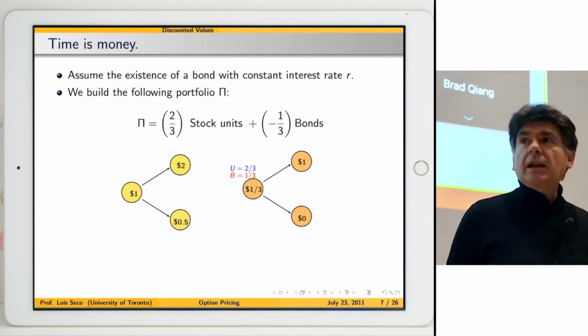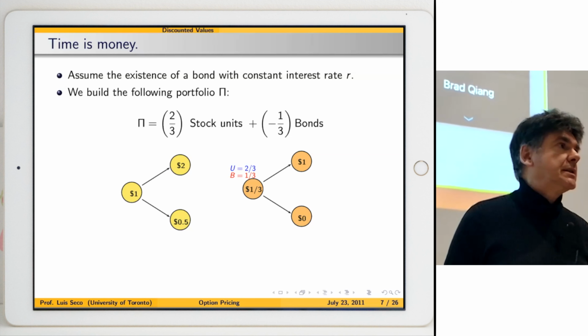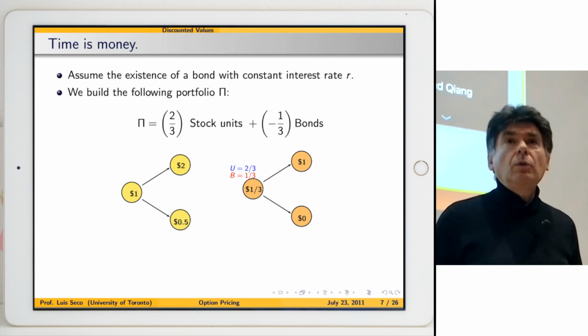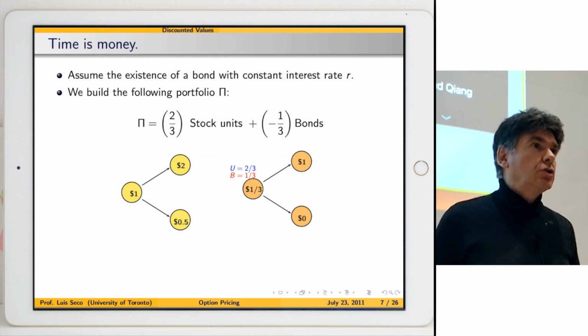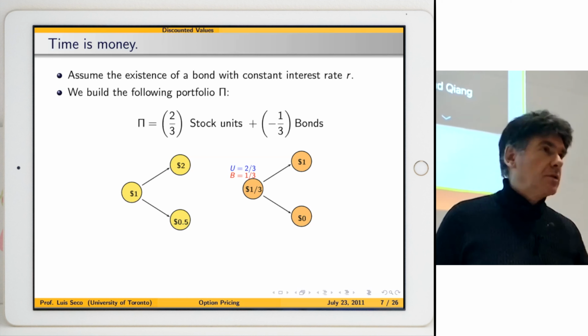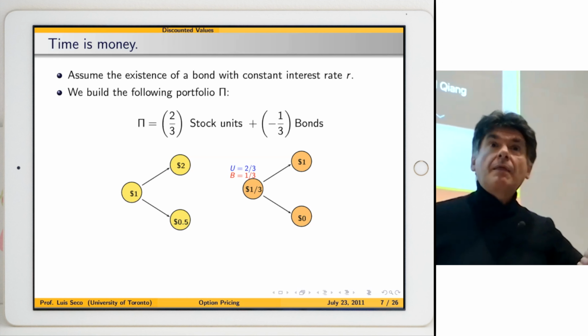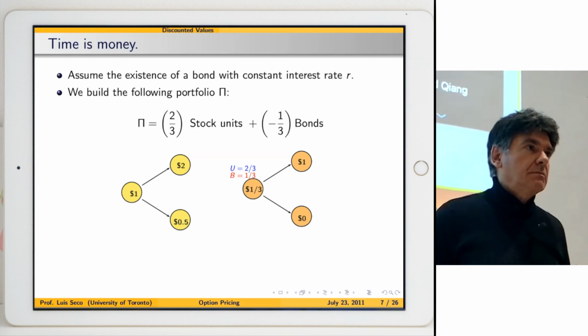So let's just write it like that. A bond is a financial instrument that has a payoff of always one. The notional is one. It doesn't matter if the stock goes up, down, or stays in the intermediate. It's always one. The price today is what changes.